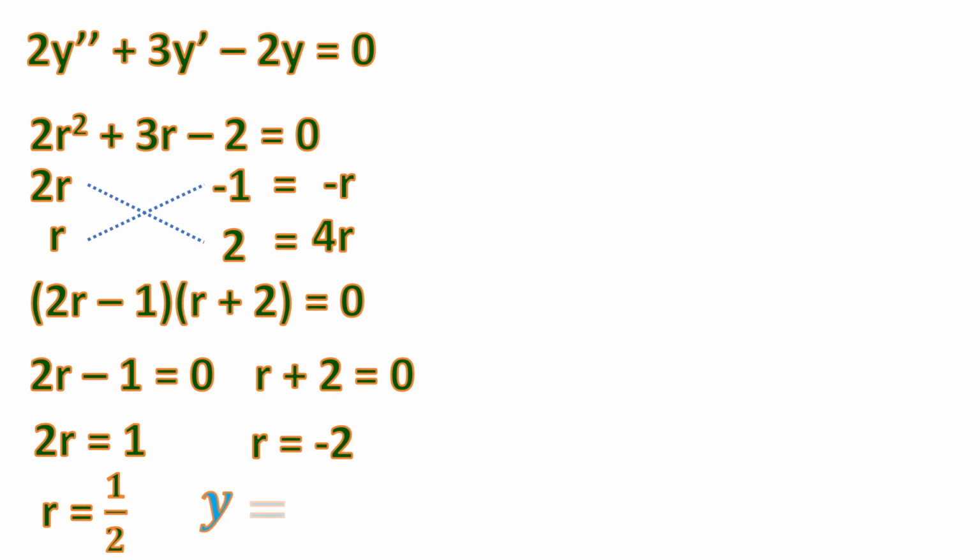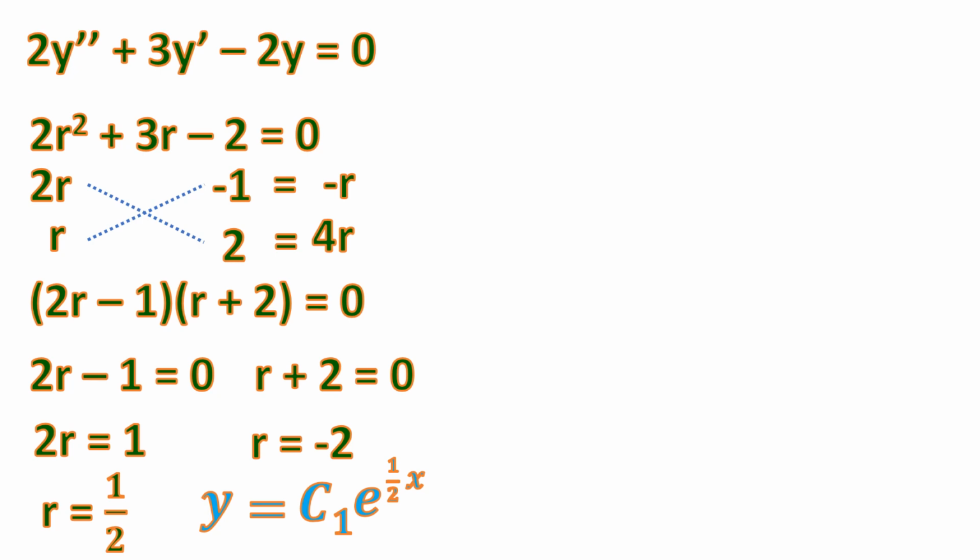So y equals the constant c sub 1, because there are two or more constants in this given. We'll name it c sub 1, and e to the power of, it's always e after the constant, e to the power of the first root 1/2, and we always put x. So it's e raised to the power of x, but depending on the root.